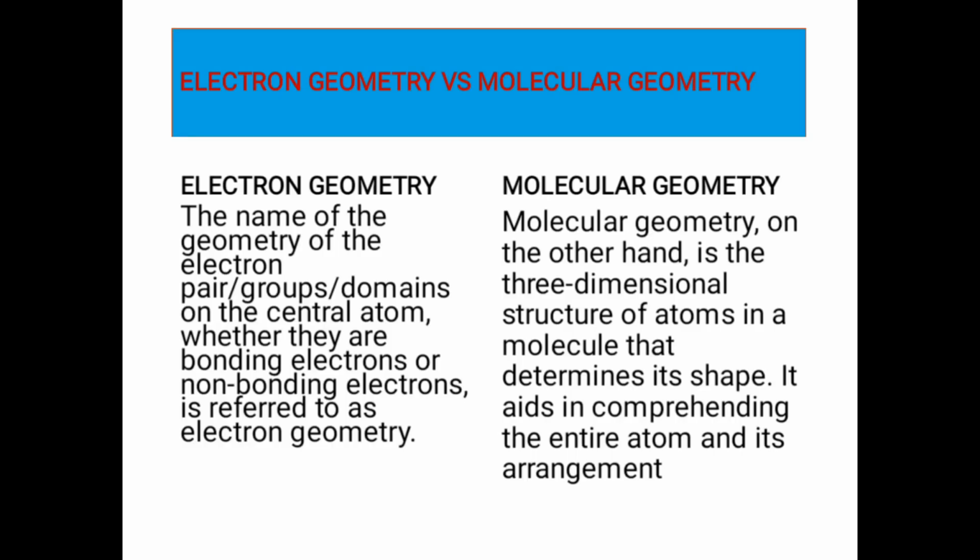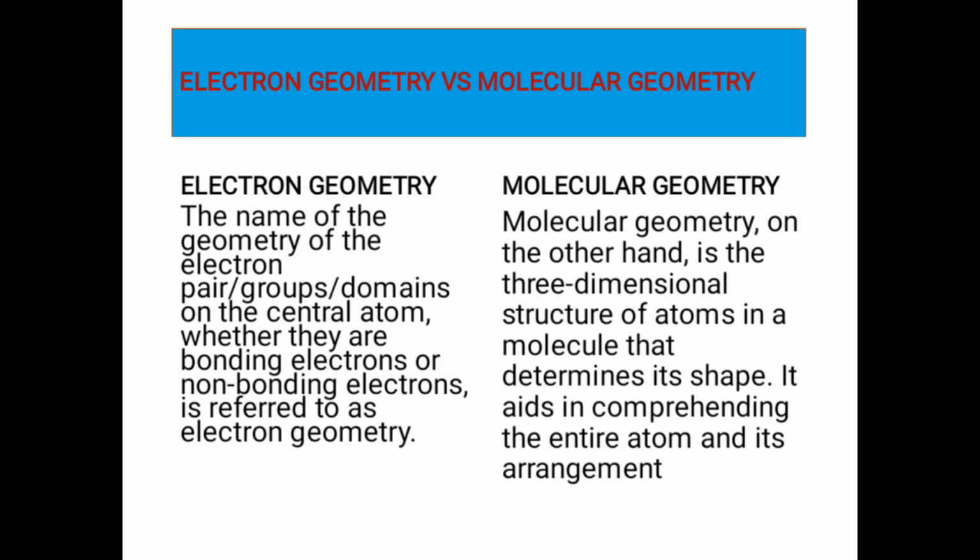Now, what is the salient difference between electron geometry and molecular geometry? Electron geometry is the name of the geometry of the electron pair domains on the central atom. So whether they are bonding electrons or non-bonding electrons, you refer to it as electron geometry. Molecular geometry is the 3-dimensional structure of atoms in a molecule that determines its shape.